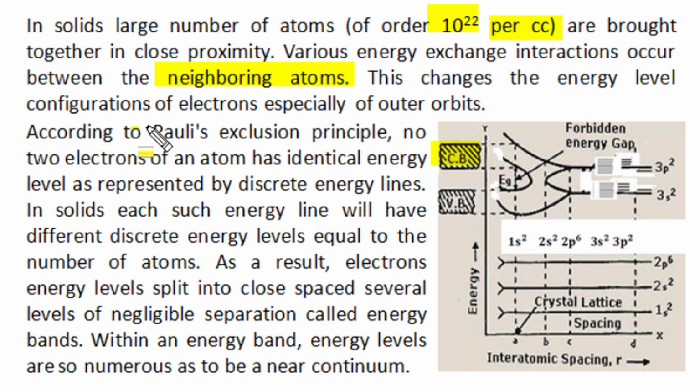According to the Pauli exclusion principle, no two electrons of an atom have identical energy levels. If we take the example of silicon, in the gaseous atomic state, silicon has 2 electrons in the first orbit as 1s2. Then in the second orbit, there are in all 8 electrons, 2 in the s orbital and 6 in the p orbital, but these are inner orbital electrons.